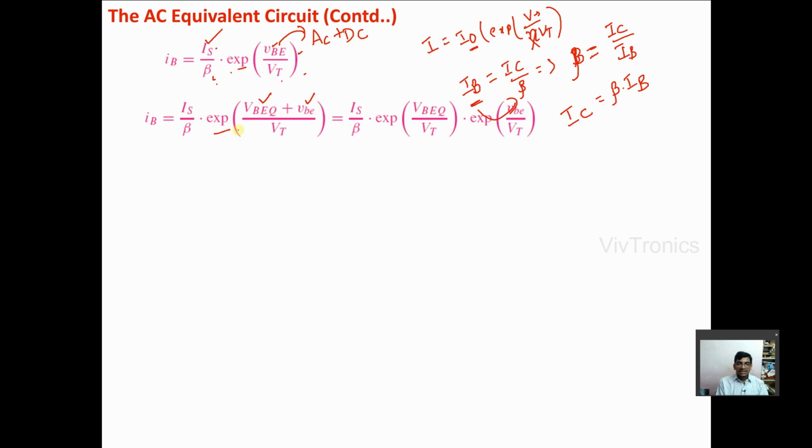Exponential of x plus y can be represented as exponential of x into exponential of y, like that we have expanded it. Thereafter, the base current IB is equal to Is by beta into exponential of VBEQ by VT, which can be taken as IBQ, the pure DC current, or the quiescent base current, and this term exponential of VBE by VT is expressed as it is.